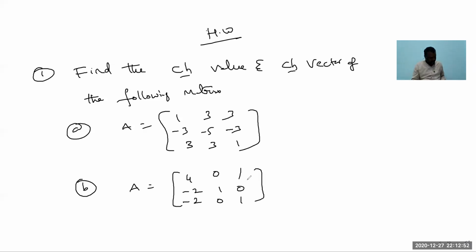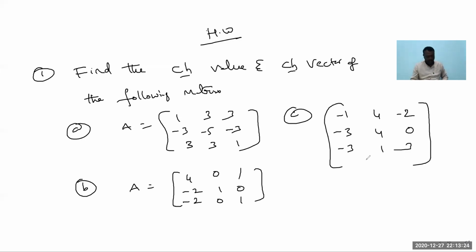Next, [minus 1, 4, minus 2; minus 3, 4, 0; minus 3, 1, 3]. You can try these three problems, find the eigenvalues and eigenvectors. So, thank you.